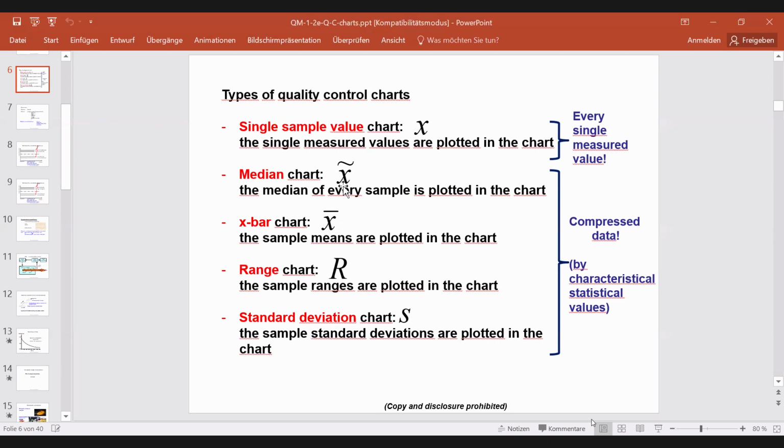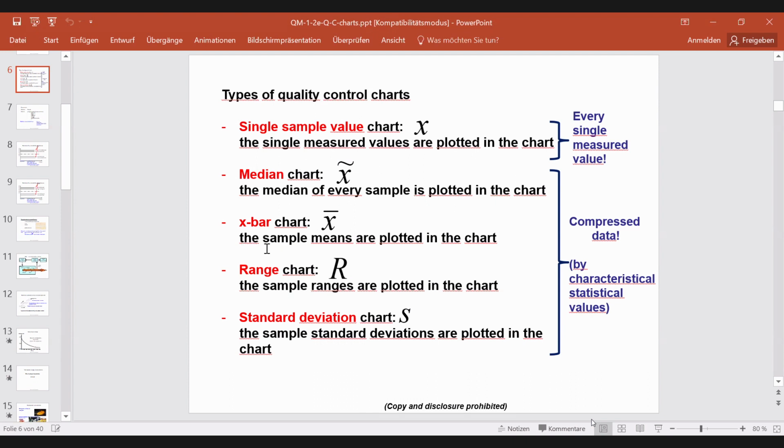As an alternative, another option is to write the median value of every sample into the quality control chart. And the third thing is a single value chart. This means you write every single measurement of every sample into the quality control chart. These are the 3 options.